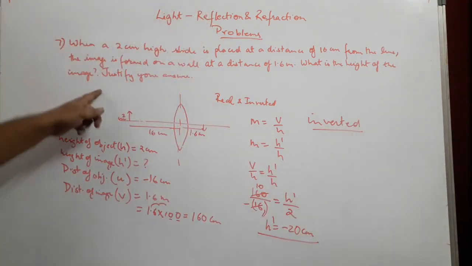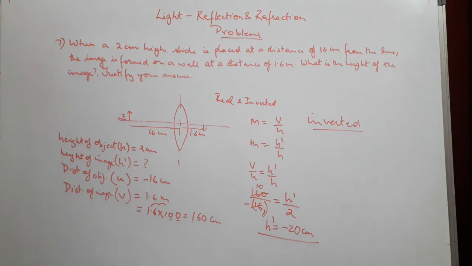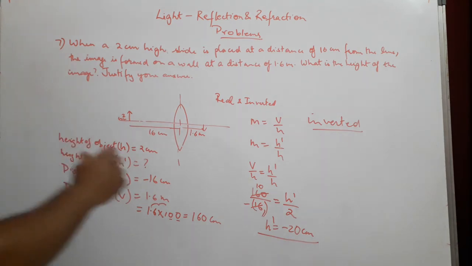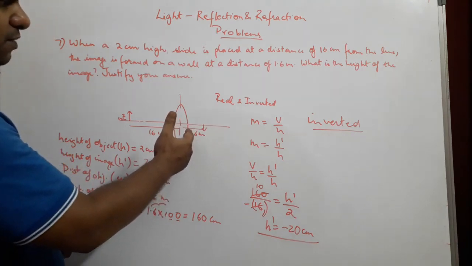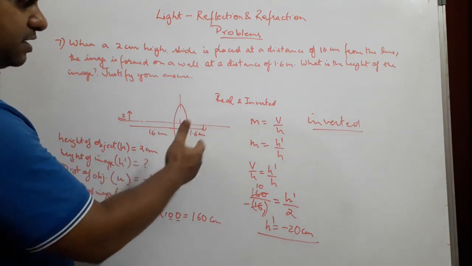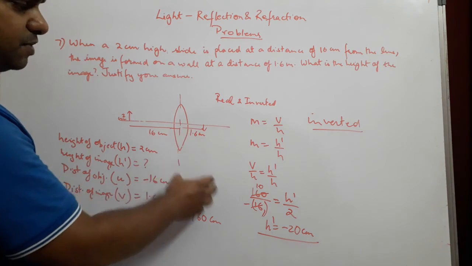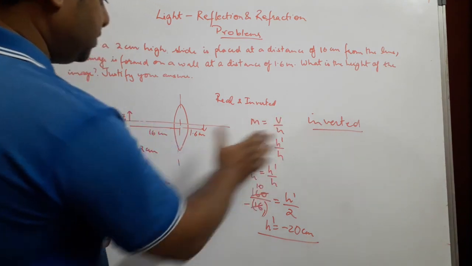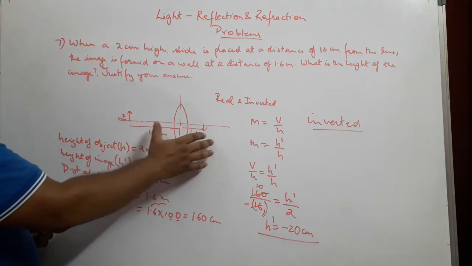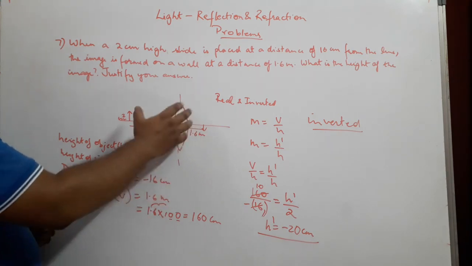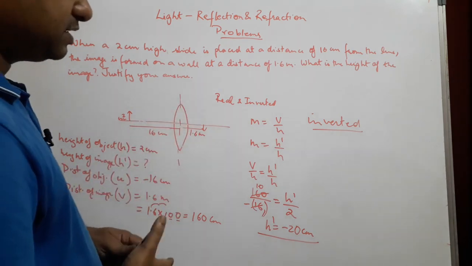So, justify the answer. To justify the answer, we can easily say that since the image is formed on the right hand side of the optical center, the image that is formed is real and inverted, and such an image is usually formed in the case of a convex lens.